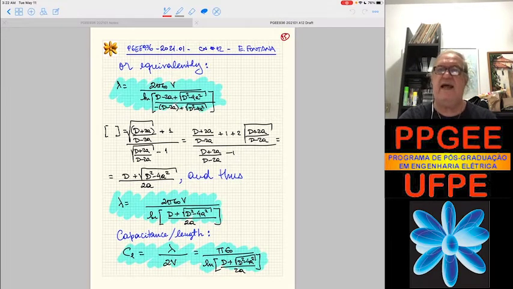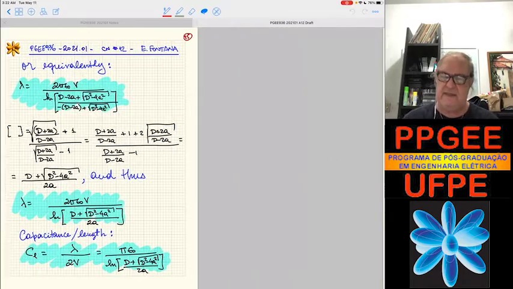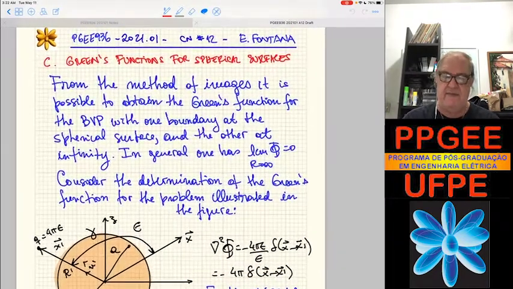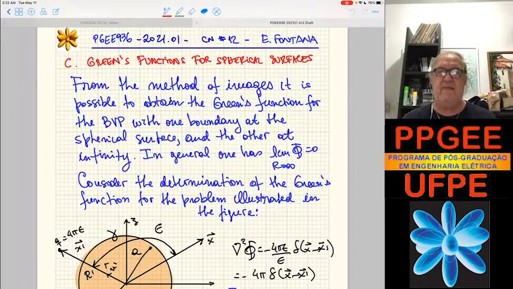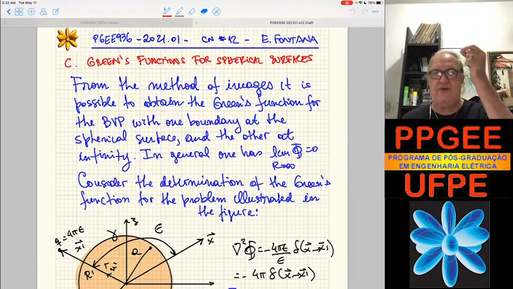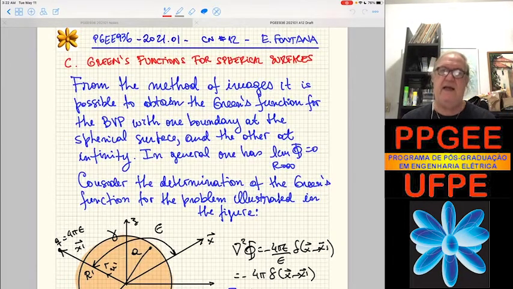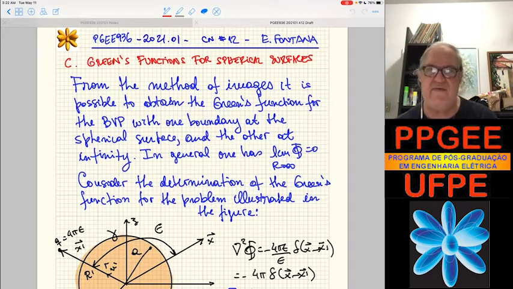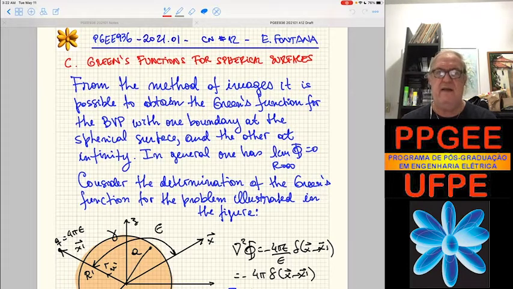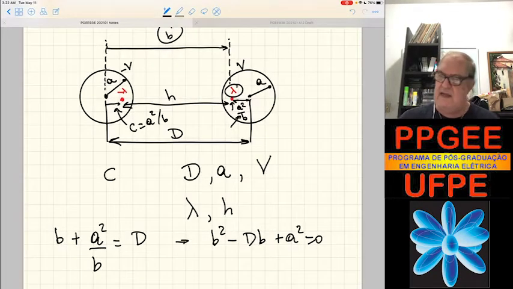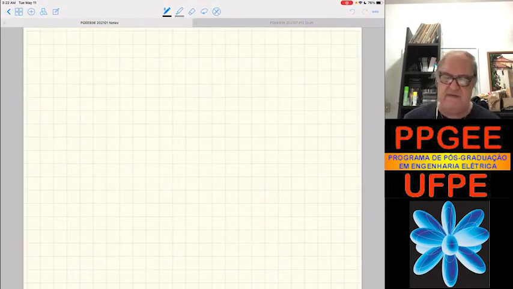Okay, let's conclude the class. Let's look into the method of the Green's function for spherical surfaces. Once we have solved the method of images, one point charge next to a grounded surface, we can find the Green's function for the Dirichlet boundary value problem in the domain of a spherical surface.